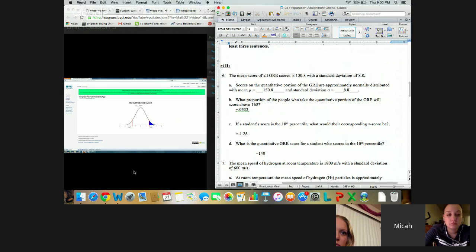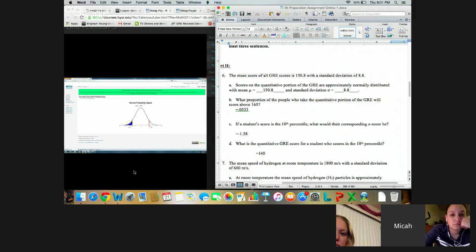Question B. If a student's score is in the 10th percentile, what would their corresponding z-score be? Okay, so this one is actually found by just simply using the applet. Over here on the applet, first let's highlight the area that we're looking for. We are looking for the 10th percentile, so we know that's going to be less than half.